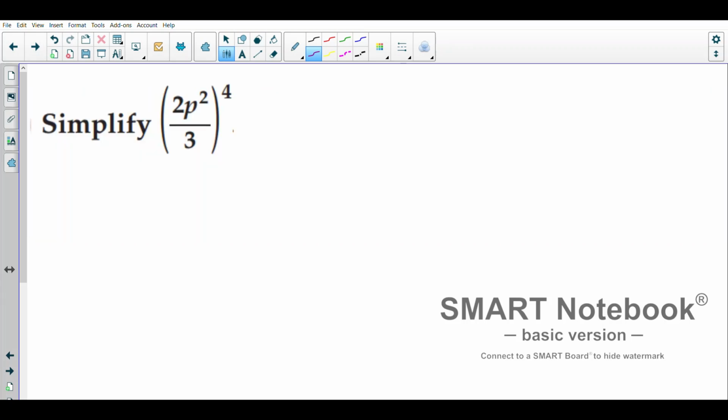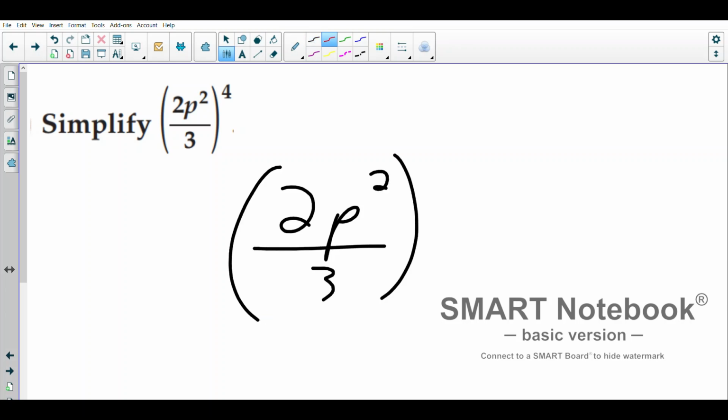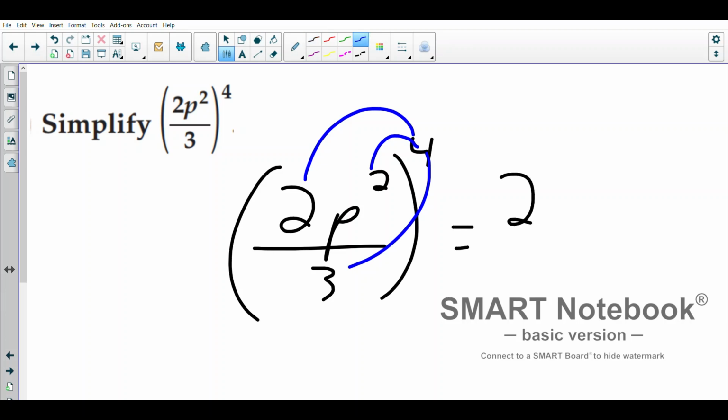So we have 2p to the 2nd over 3 all to the 4th. I'm going to take that 4 and rewrite this whole thing again to have more room to work. So 2p squared over 3, to the 4th. Again, that 4 is going to distribute to everything on the inside. So it becomes 2 to the 4th times p squared to the 4th all over 3 to the 4th.